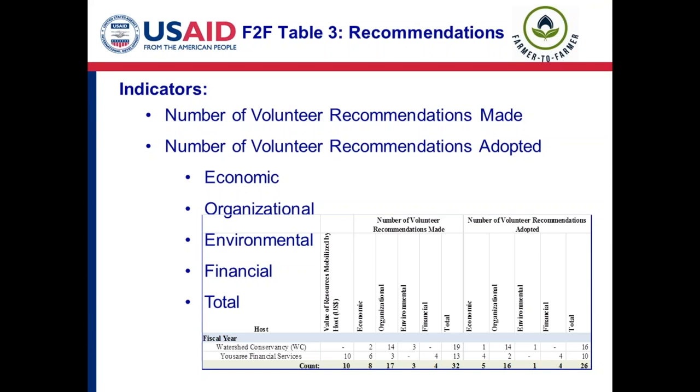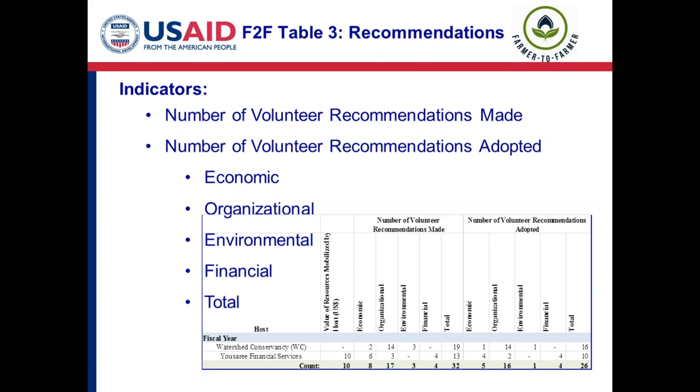We're also hoping. We've been talking a lot over the first couple of years of the project about reducing the number of recommendations to make it manageable, not only for host organizations but also for field staff in terms of actually tracking what changes are made. So we expect that the number of recommendations made, and thus the number of recommendations adopted, is the low end of what your field staff and your volunteers are actually working with the host on.